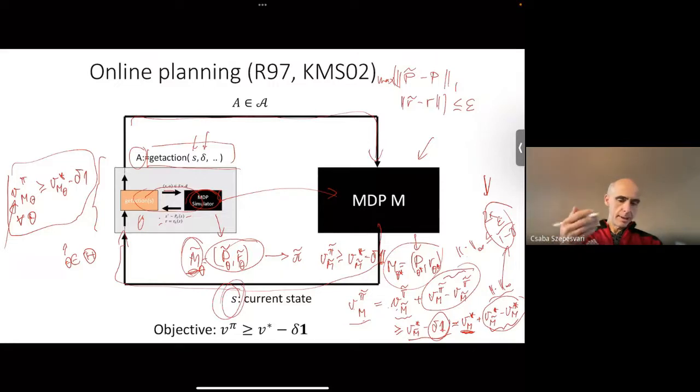And clearly, this is more restrictive from the point of view of a planning algorithm, but it's liberating from the point of view of whoever writes the simulator, because it's much easier to write a simulator that gives you local access. Actually, this is almost no restriction. Almost all simulators could be checkpointed.